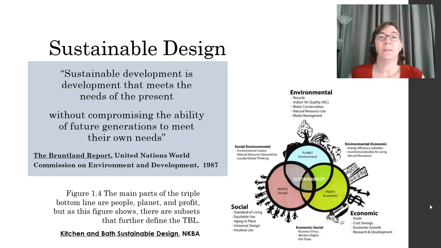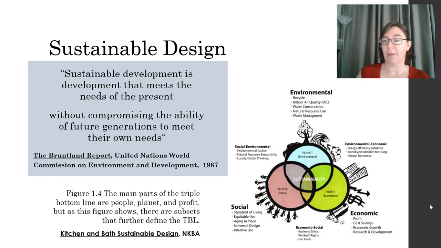What is sustainable design? Well, there is a great definition that it is development that meets the needs of the present without compromising the ability of future generations to meet their own needs. And one of the common frameworks to talk about sustainable design is called the triple bottom line.